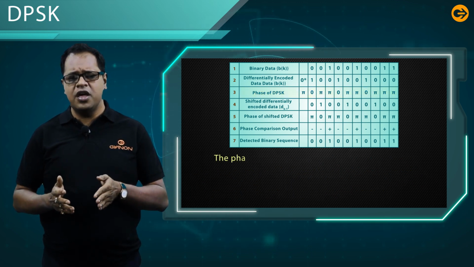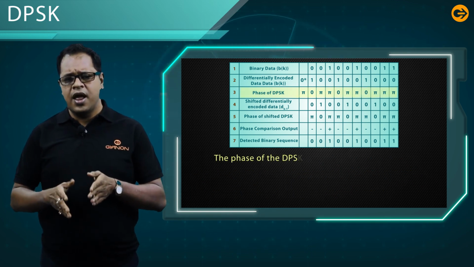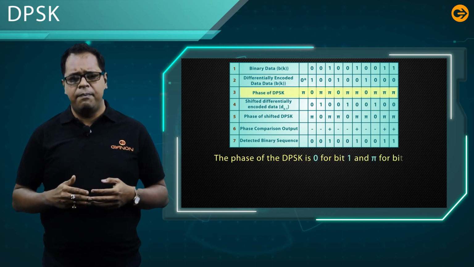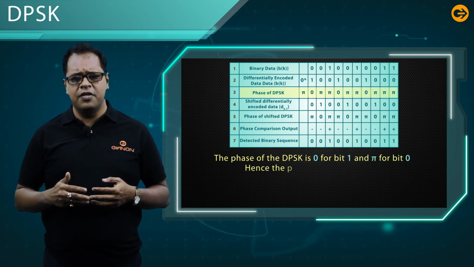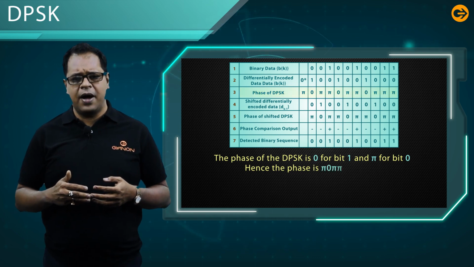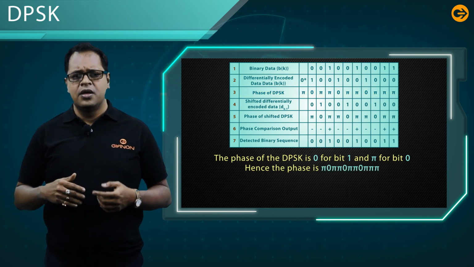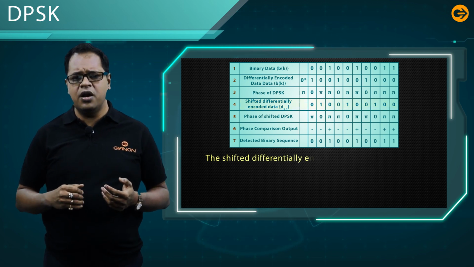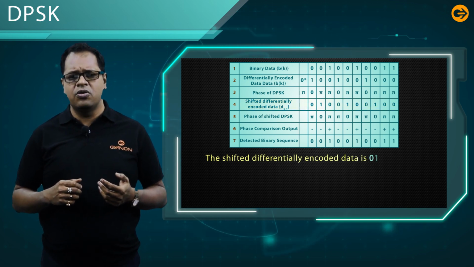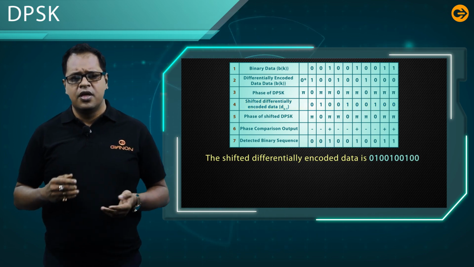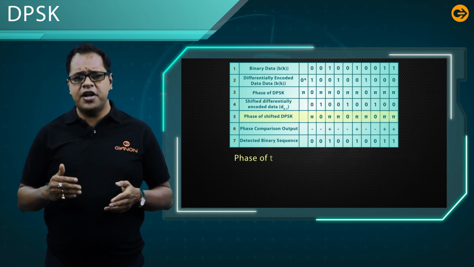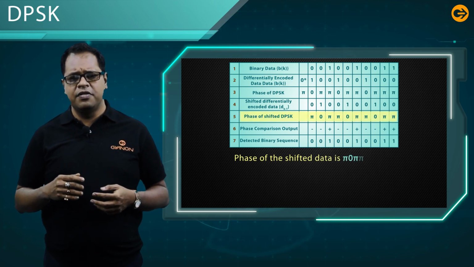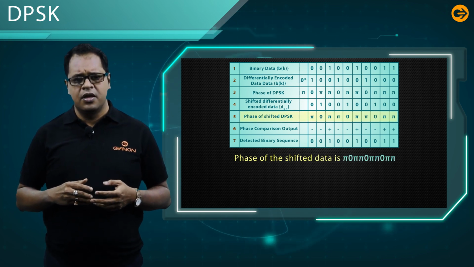The phase of DPSK is 0 for bit 1 and pi for bit 0. Hence, the phase is pi, 0, pi, pi, 0, pi, pi, 0, pi, pi, pi. The shifted differentially encoded data is 0, 1, 0, 0, 1, 0, 0, 1, 0, 0. The phase of the shifted data is pi, 0, pi, pi, 0, pi, pi, 0, pi, pi.